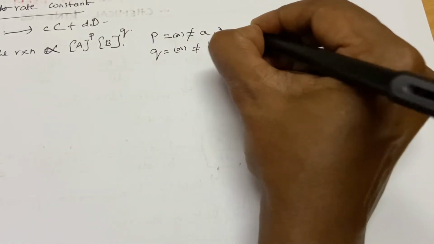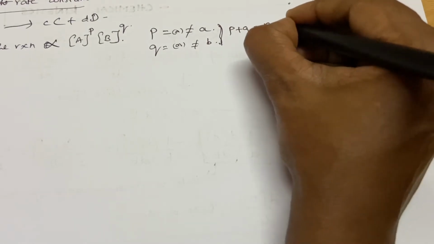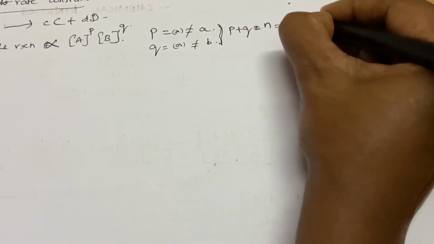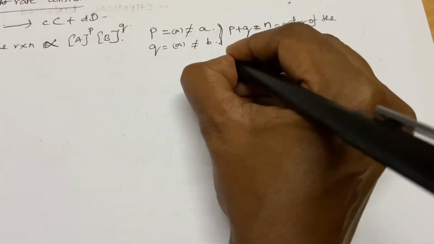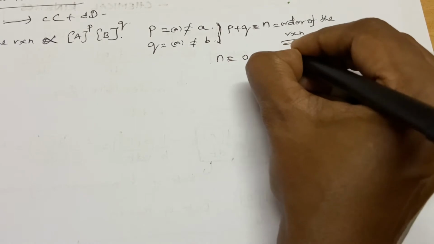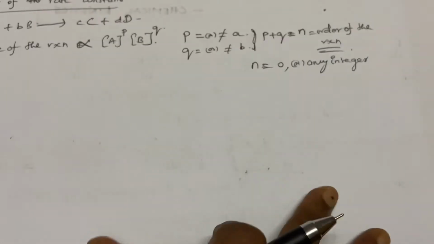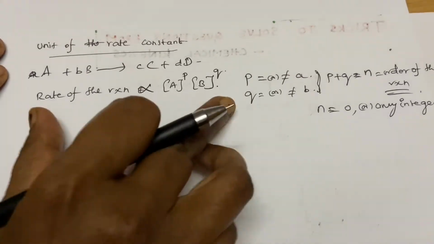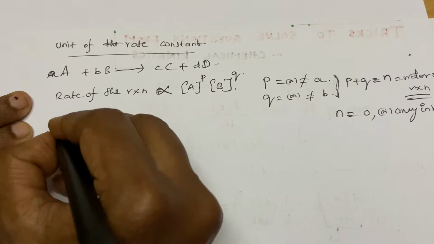and P plus Q, okay, is known as n, which is the order of the reaction, and you know the order of the reaction can be 0 or any integer. It can be a fraction also, isn't it? So we are going to derive the unit of the rate constant. What is the unit of rate of the reaction? We saw, no?